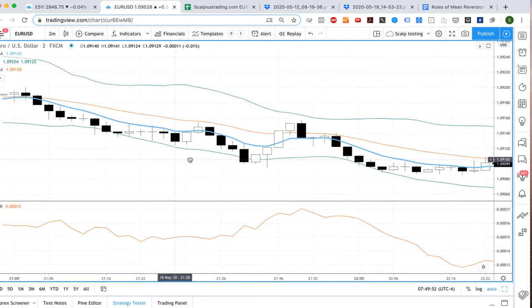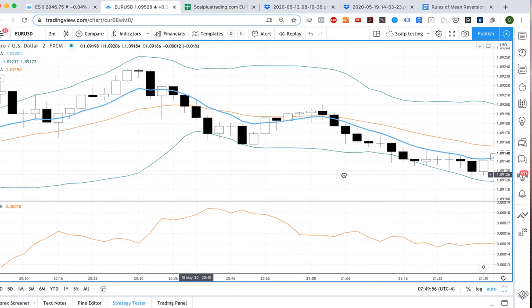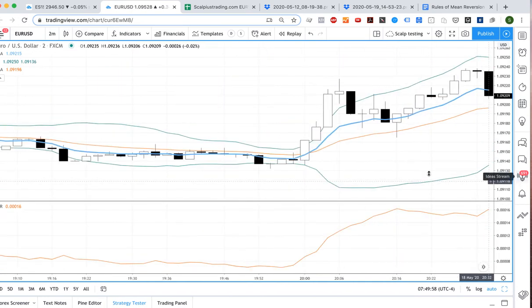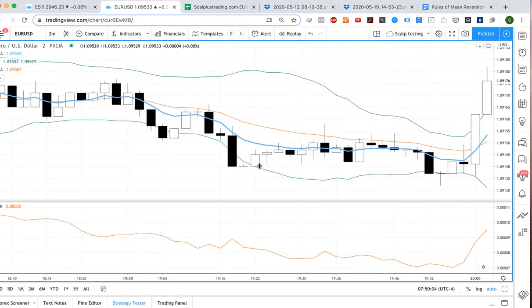Let's find some that are easy to see. Here we have a touch of the lower Bollinger, we have a higher close, and then a lower close, all without breaking this low here.